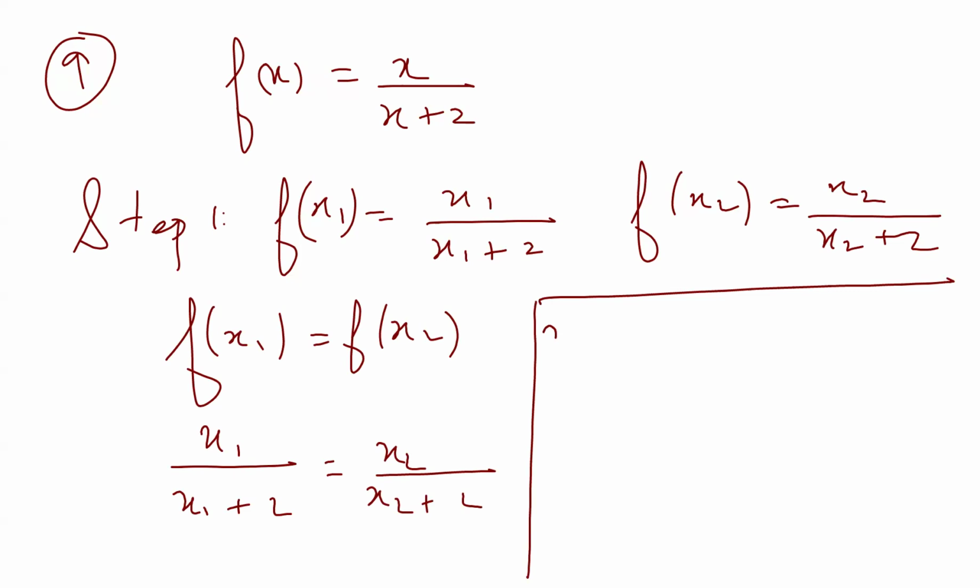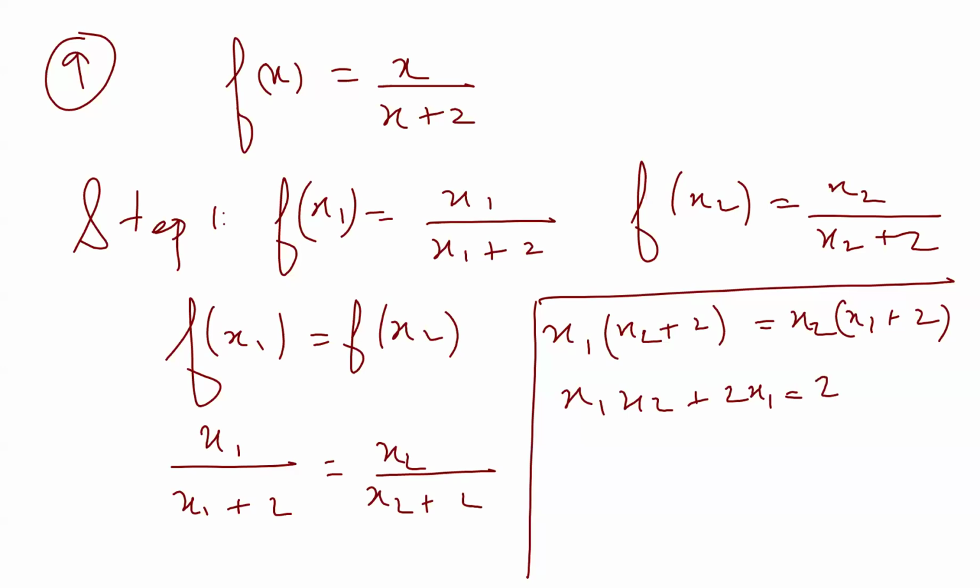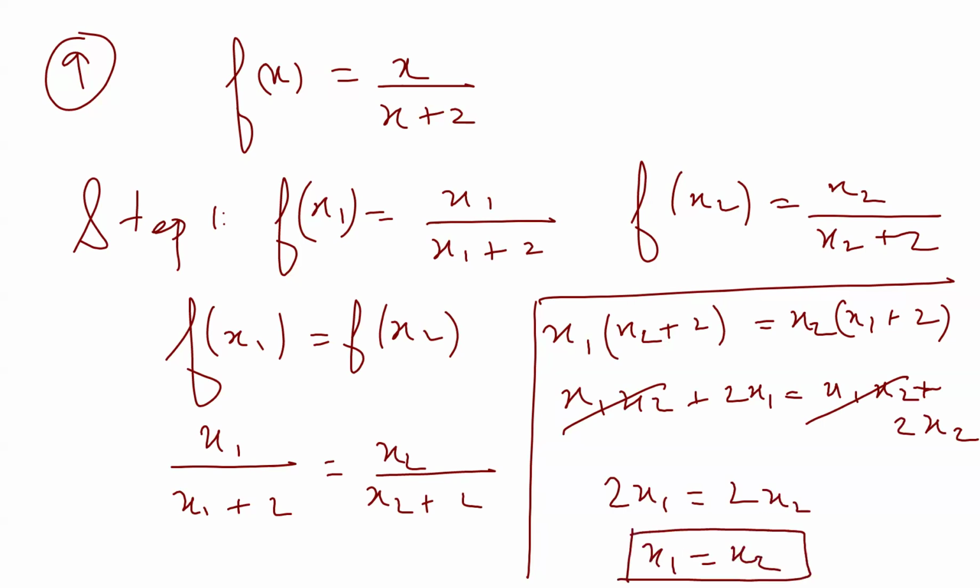Cross multiply. So x1 x2 plus 2 x1 is equal to x1 x2 plus 2 x2. x1 x2 and x1 x2 cancel, 2x1 is equal to 2x2, therefore x1 equal to x2, therefore 1 to 1.